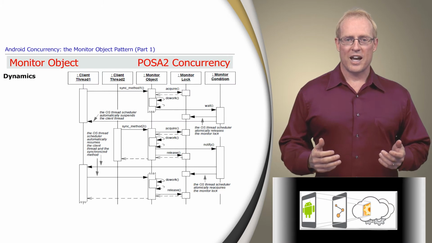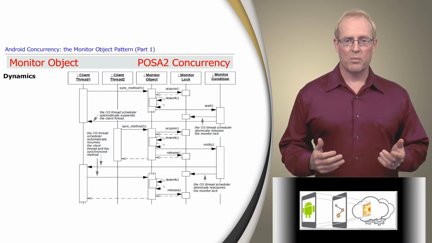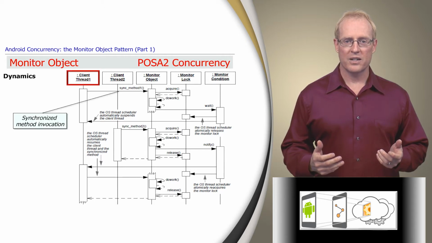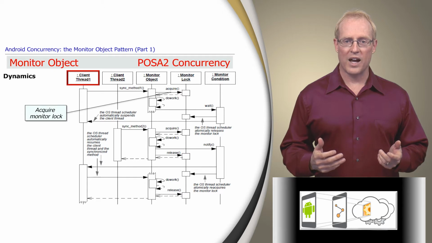This UML sequence diagram shows the dynamic interactions between participants in the monitor object pattern. When thread T1 invokes a synchronized method on a monitor object, the method must first acquire the object's monitor lock. A monitor lock can't be acquired as long as another synchronized method in thread T2 is executing within the monitor object.